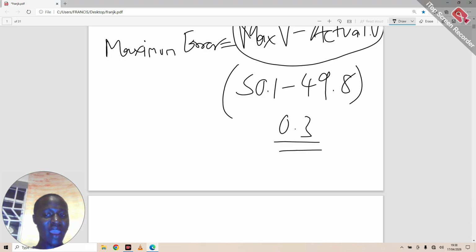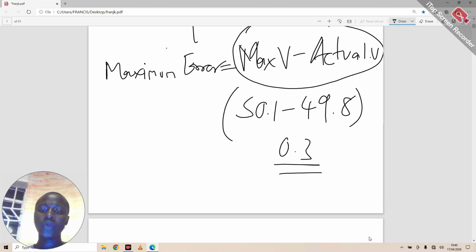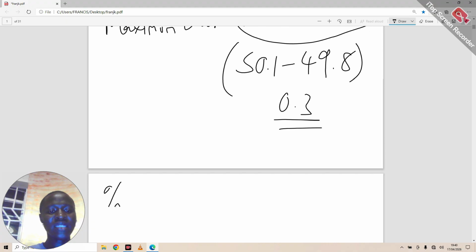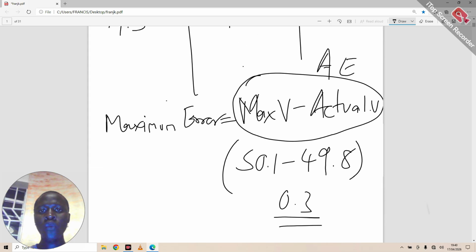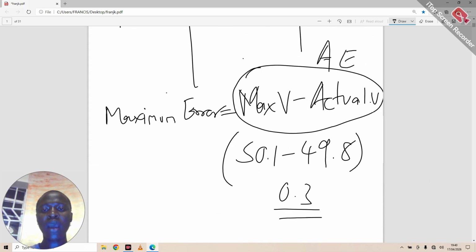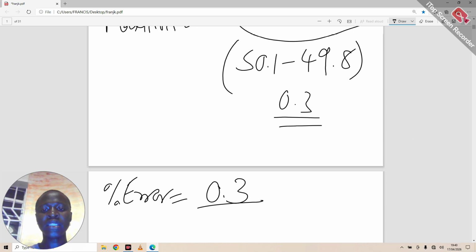Are we understanding one another? So this 0.3 is what will act as our absolute error. Do not forget. When it comes to getting the percentage error, you take the absolute error, which is 0.3, all over the actual value. What was our actual value? 49.8.